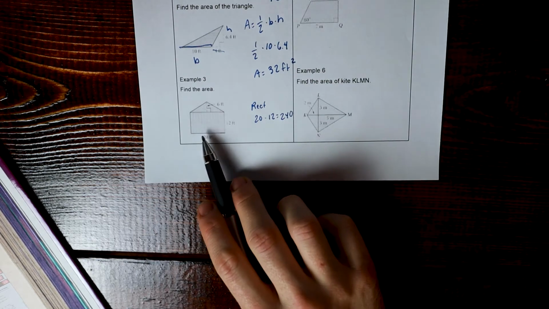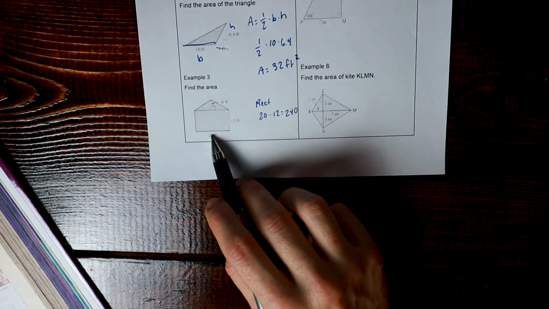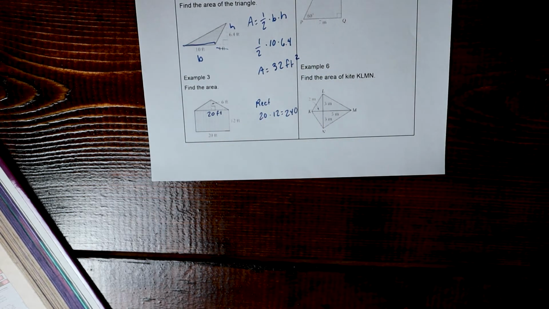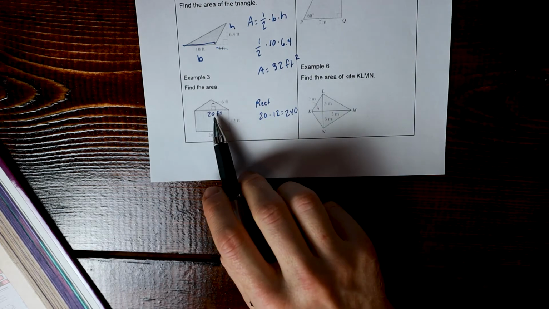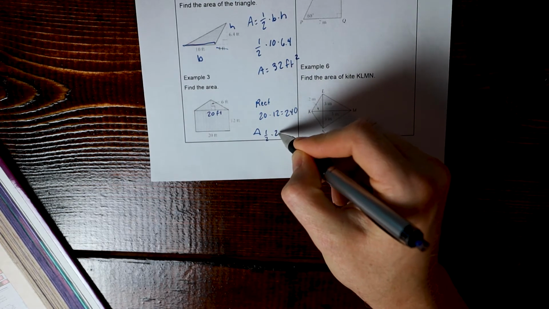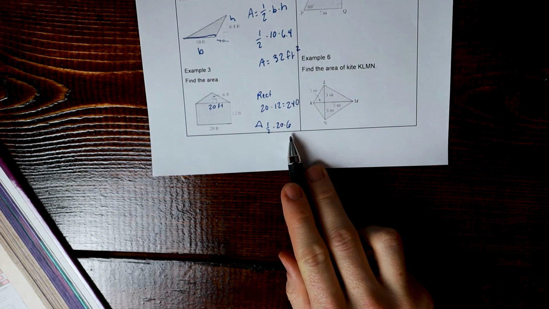The triangle, its base is this entire horizontal distance here. Since this is a rectangle, we can move the 20 feet up here. Opposite sides are congruent. 1/2, that's for the triangle, 1/2 times 20 times the height of 6. Base of 20, height of 6.